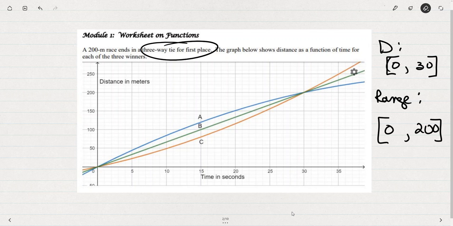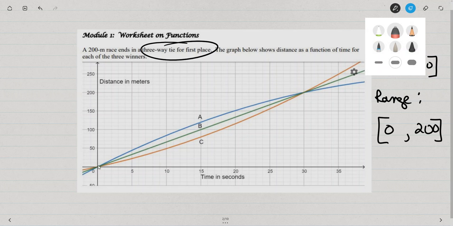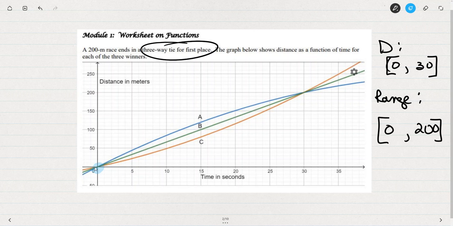So here's our graph. If you want to understand it a little better, let's just trace one of the runners. Let's trace the blue runner, runner A. What we see about runner A is they started out at 0 meters when the time was 0 seconds. When we hit 5 seconds, we could see that the runner was just below the 50 at this mark.